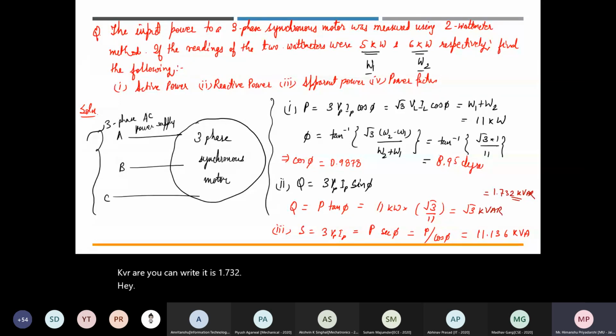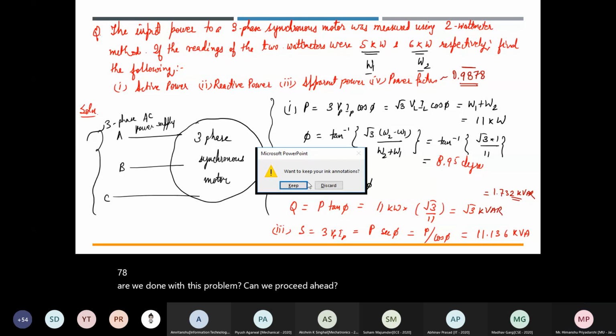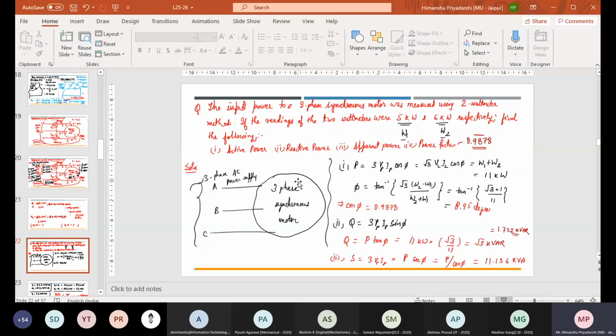So what is power factor? Power factor is 0.9878. Are we done with this problem? Can we proceed ahead? Anybody having any doubts in this problem?